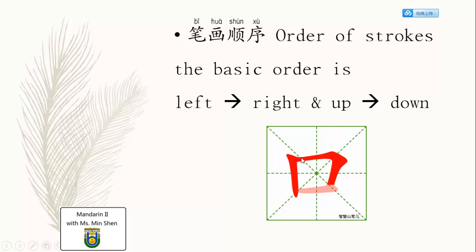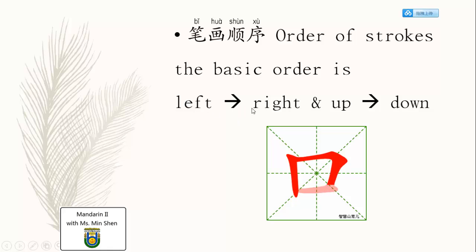You can see this is the second stroke because it's from left to right, and this one is the one at the top, from up to down. And at the end, we seal it up because this stroke is the bottom one, the down one.